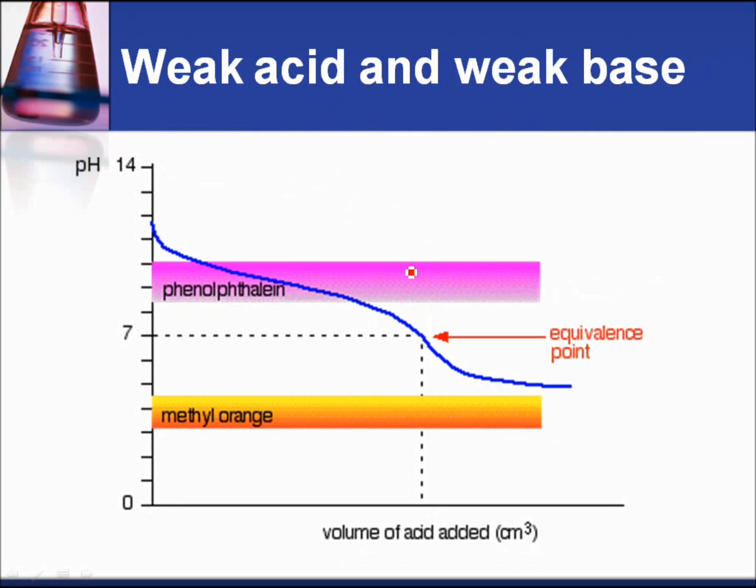And finally, we have weak acid and weak base. Now, neither of these indicators is close to the equivalence point, so we wouldn't use either indicator, and you don't generally do a titration with a weak acid and a weak base anyway, so we won't worry about that too much.